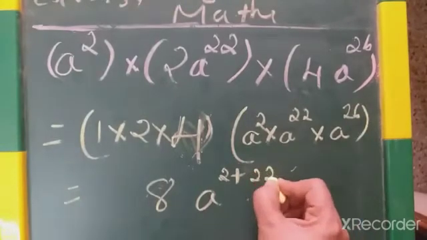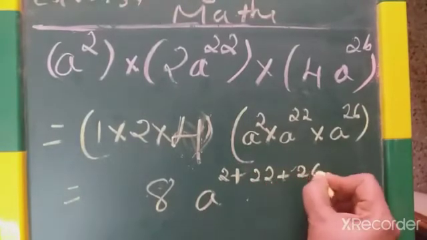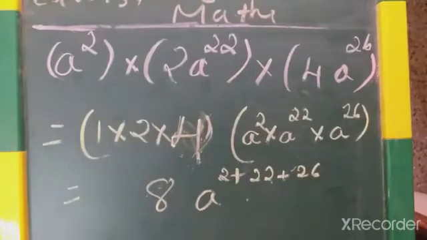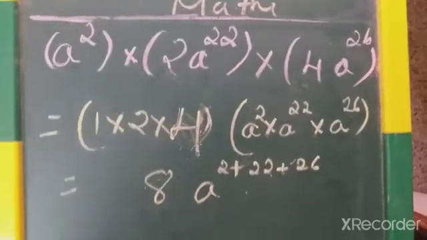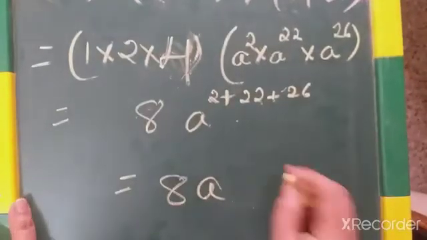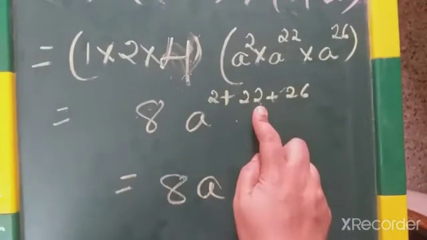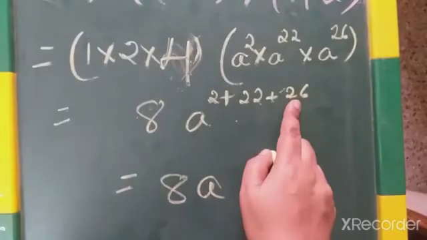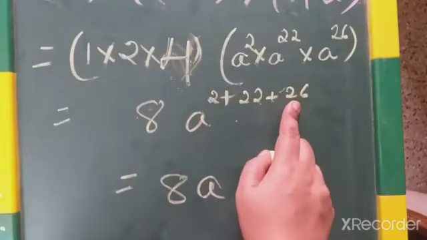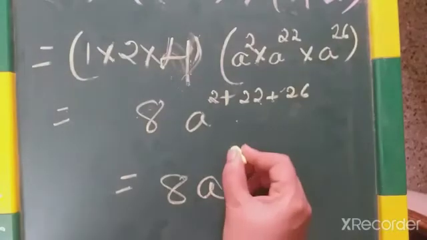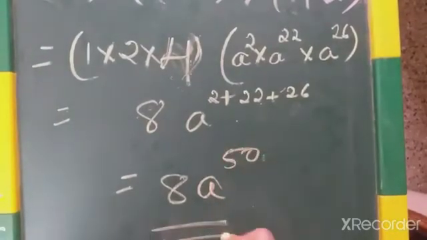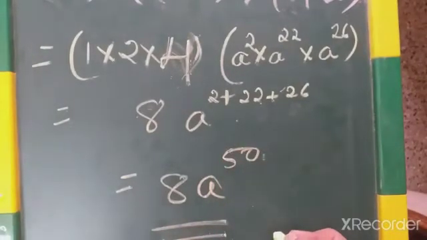Answer is 8 a to the power, 2 plus 22 is how much? 24. 24 plus 20 is 44, 44 plus 6 is 50, a to the power 50. Answer is 8 a to the power 50.